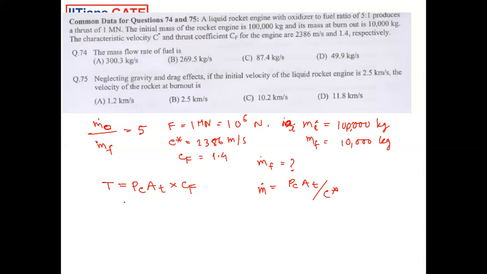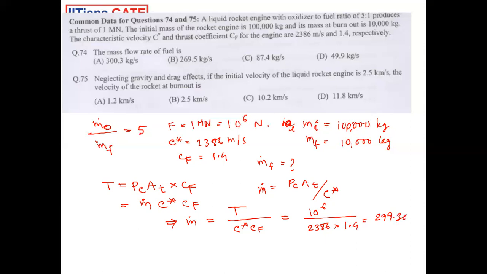So from this equation we can write PC AT as m dot C star. So this will simply give m dot as T divided by C star CF, 10 to the power 6 divided by 6 times 1.4, which is nothing but 299 kg per second.